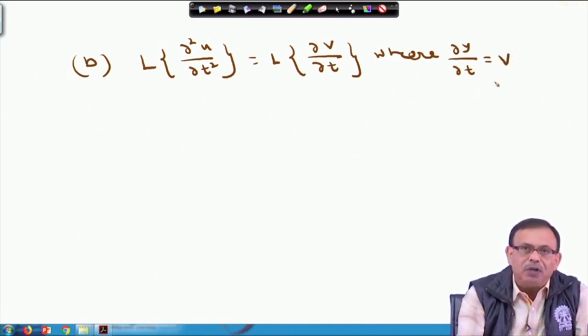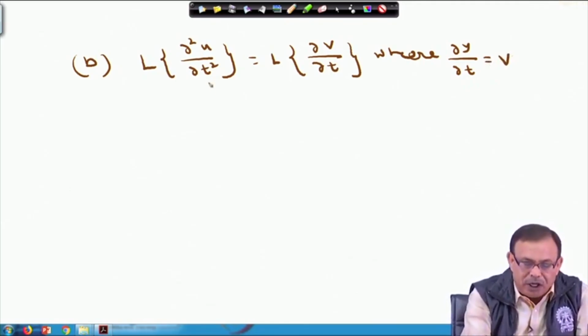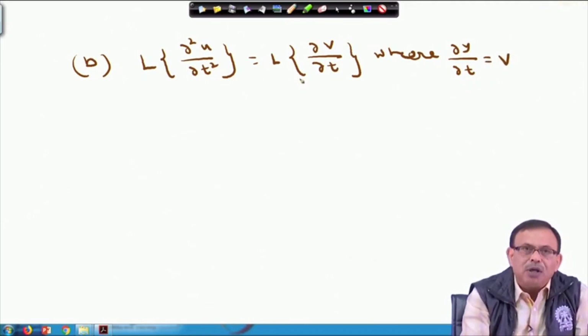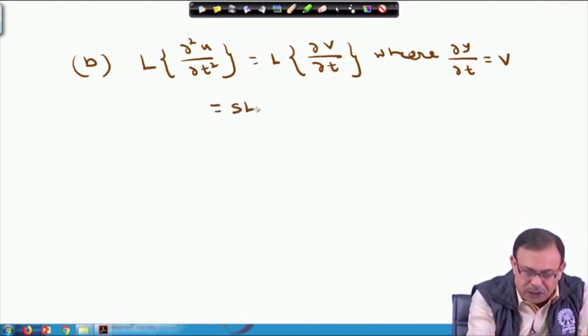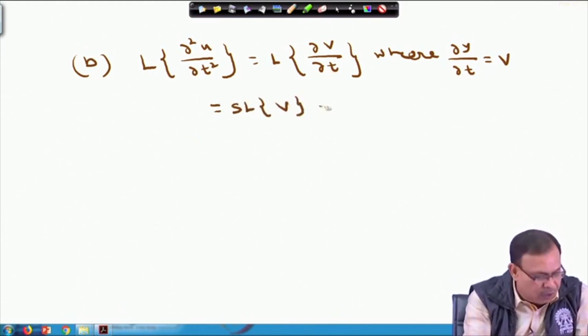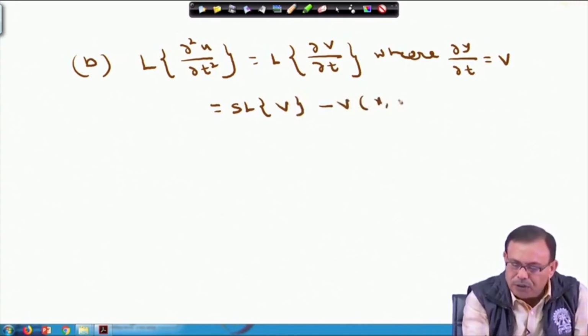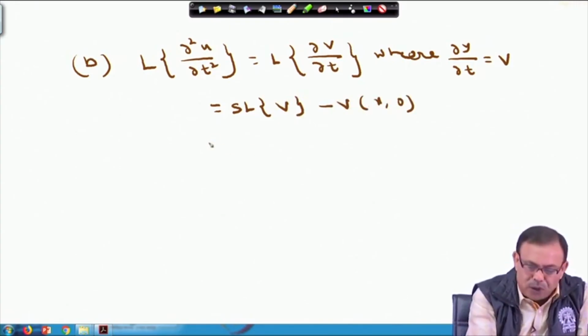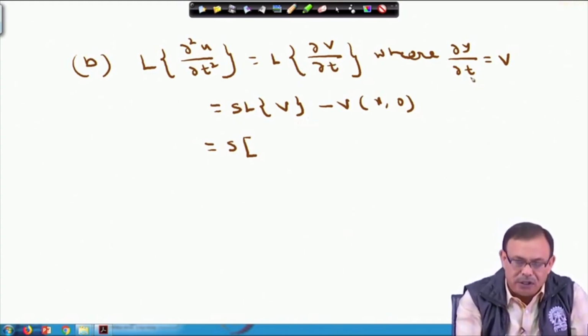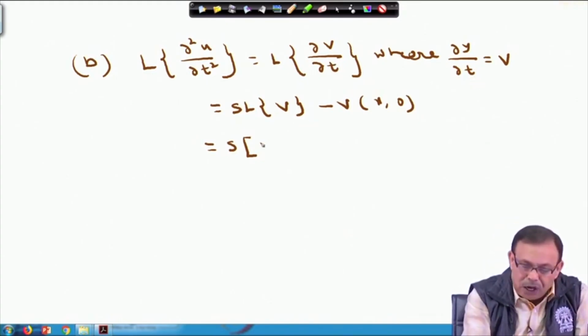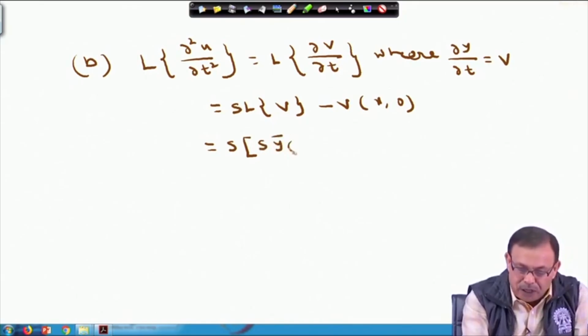If I substitute v equals ∂y/∂t, then Laplace transform of ∂²y/∂t² equals Laplace transform of ∂v/∂t, and from the earlier property this equals s into Laplace transform of v minus v(x, 0). So, this equals s into Laplace transform of v, that is Laplace transform of ∂y/∂t.